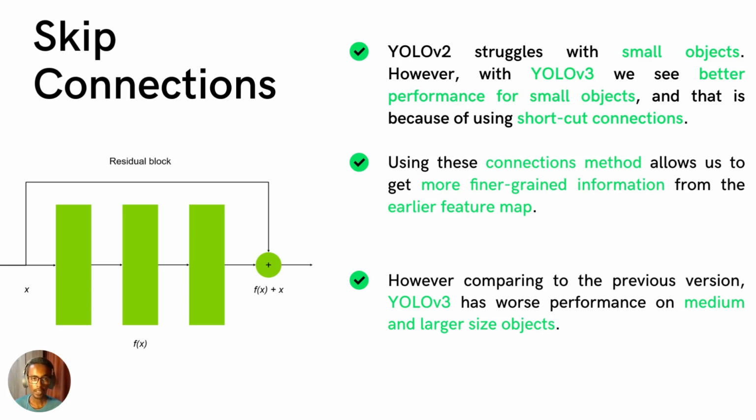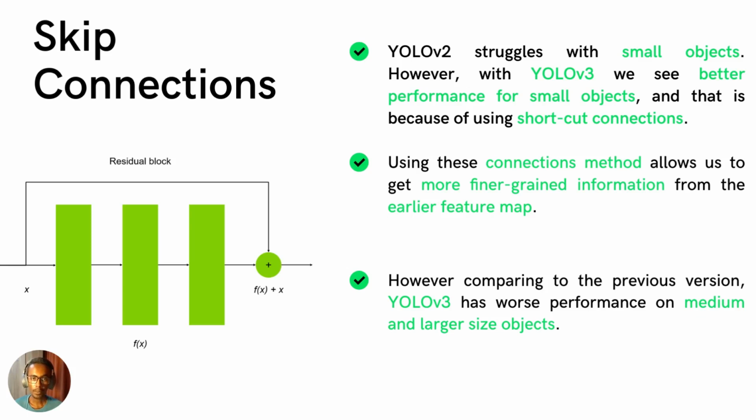As we have seen previously in the YOLOv2 video, we also introduced a method known as fine-grained information, in which we pass some of the information from a previous layer and concatenate or merge it with the layer that's 13 by 13.